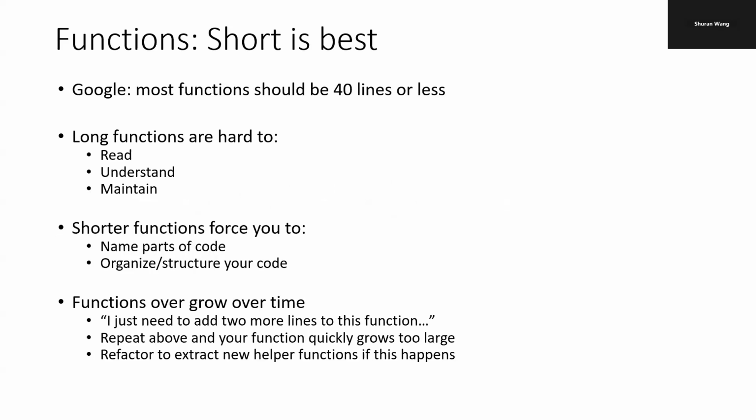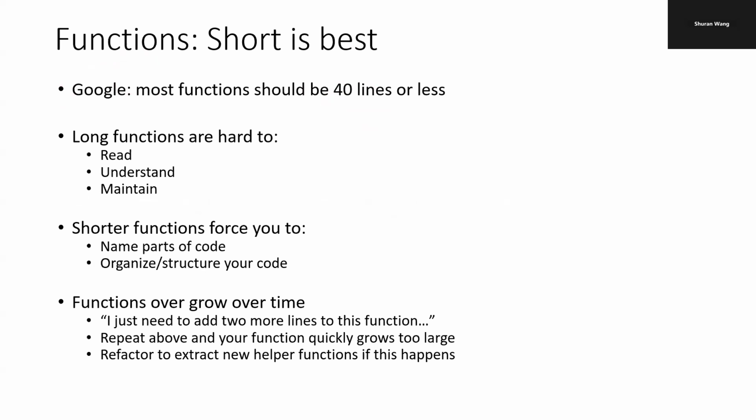First one is functions. We want to make our functions short. And by short, Google gives this number: 40 lines or less. We are not going to place a hard constraint on that. You can do so internally in your group.